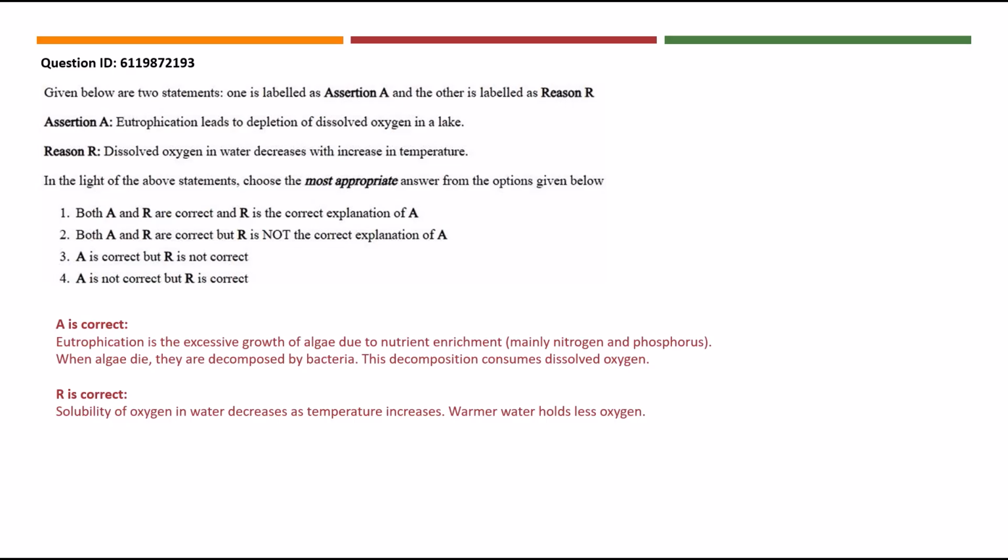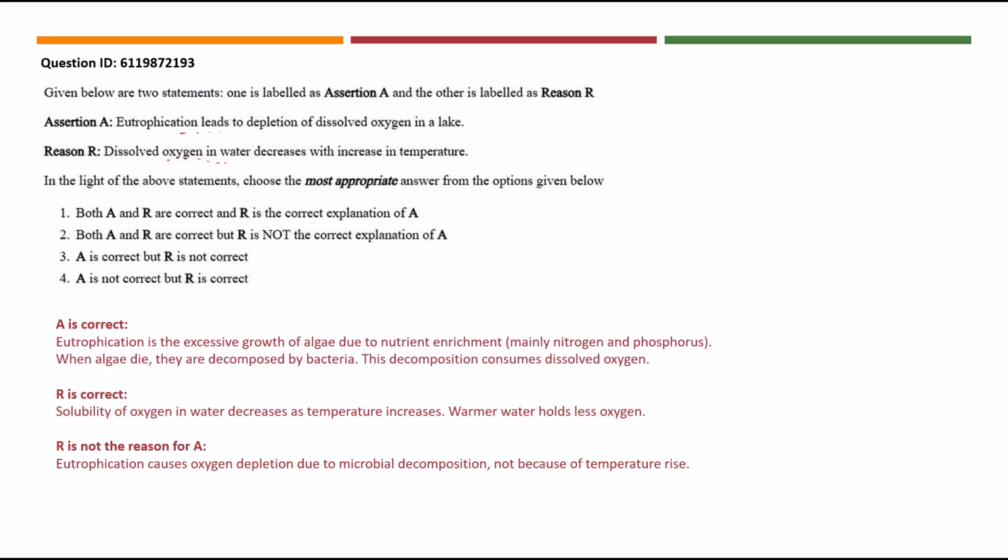Actually, they are talking about solubility of oxygen in reason and they are talking about eutrophication in assertion. They are not connected actually. Eutrophication causes oxygen depletion due to microbial decomposition, not because of temperature rise.